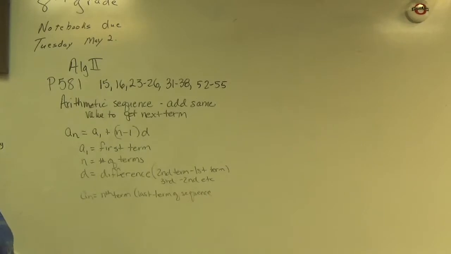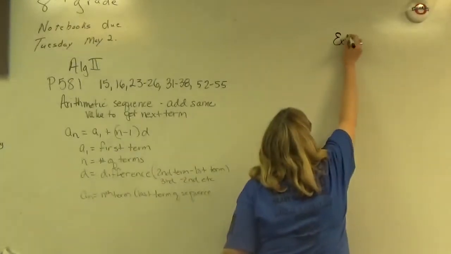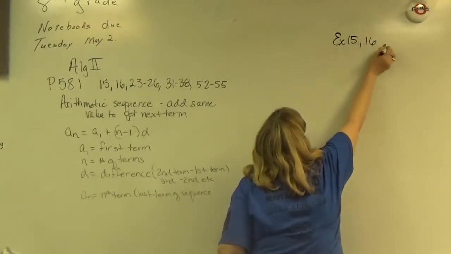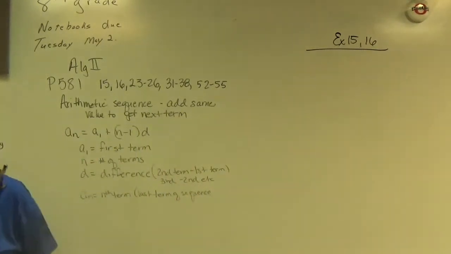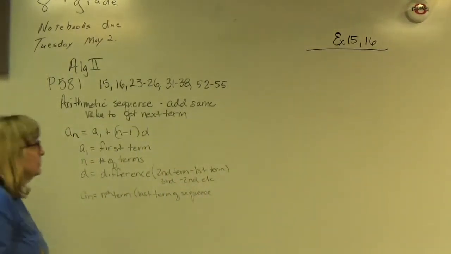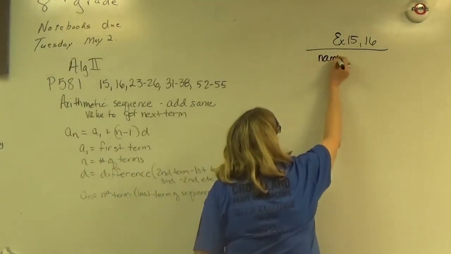Okay, so we're going to look at what you're doing on, I think, the first group, 15 and 16, where they have the sequence started and you have to name the next 4 terms. So I not only want you to name the next 4 terms, but I also want you to tell me the difference.